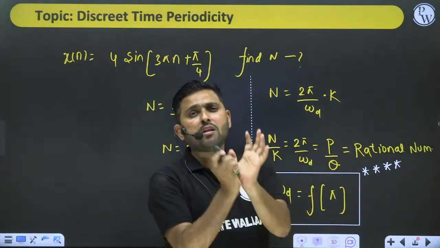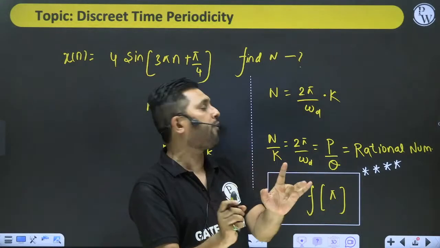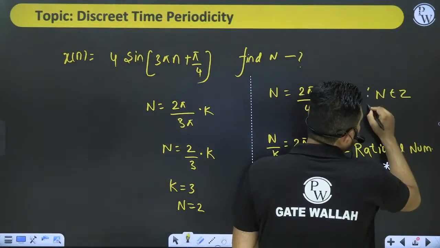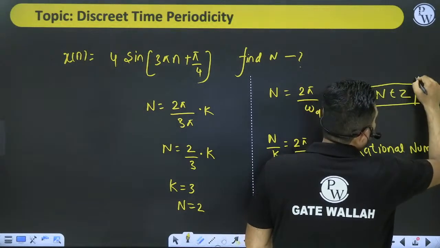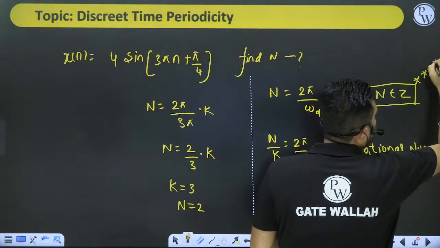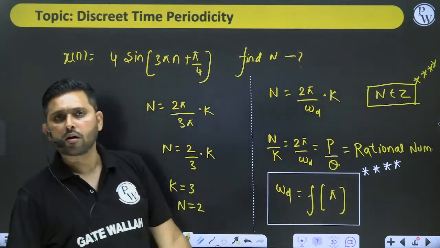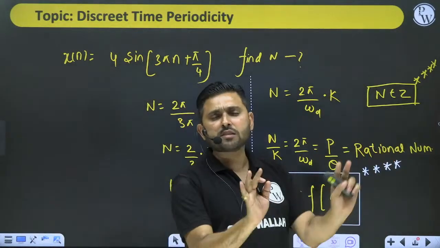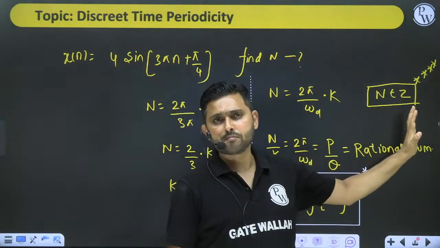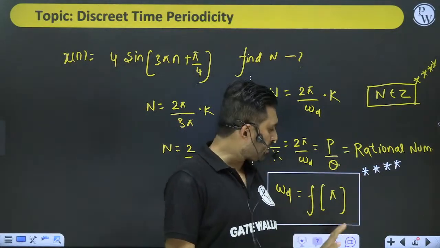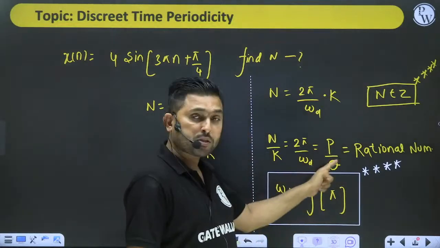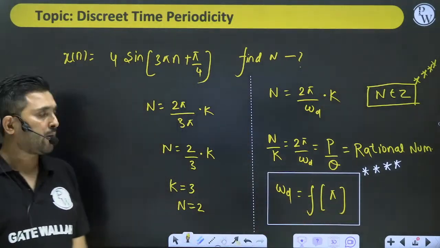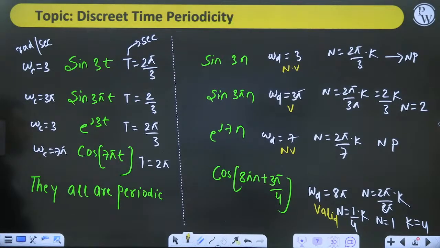All this phenomena arises because of the fact that n belongs to integer. This is the constraint which creates so many constraints on omega d, on k, everything, and it should be the minimum integer, not just the integer. This should be a function of pi. This was a GATE question, mind it. N by k is a rational number, in the form of p by q. Very, very important point.